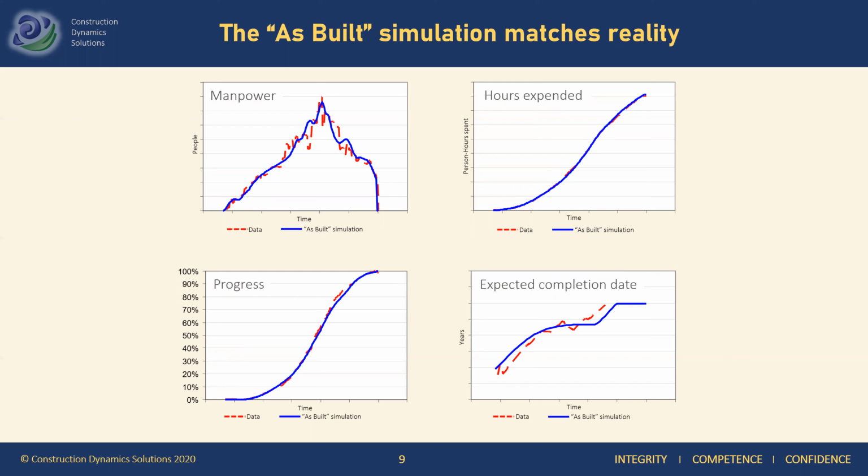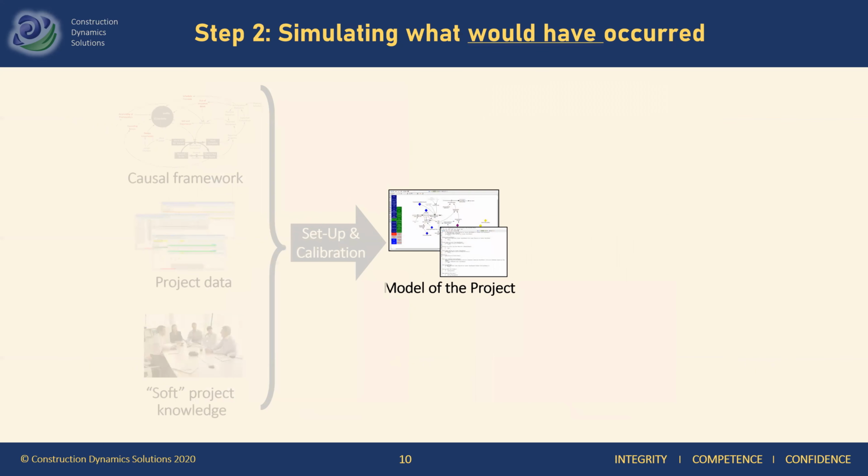But of course, this is very nice, but it doesn't answer our question yet, which was how much of what happened, how much of the disruption was caused by the other party, typically the employer. But now, we're just one step away from being able to answer this question. Because all we have to do now is take our model and remove the disruptive events.